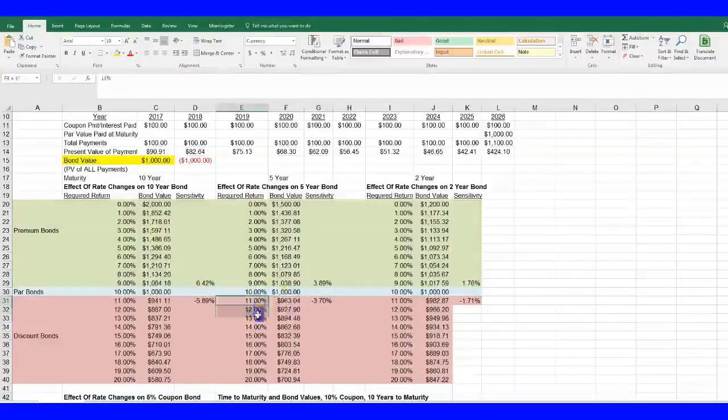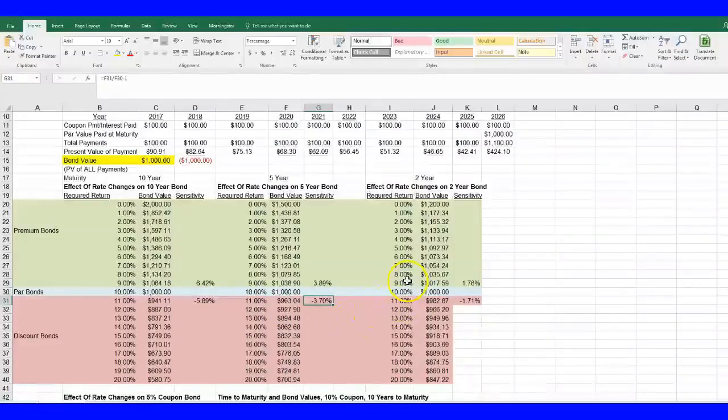Likewise, as required rates of return exceed the coupon interest rate, we see the value of the bond fall, the same thing we saw with the 10-year bond. However, that same 1% increase in required return that caused a 5.89% decrease in the value of the 10-year bond only decreases the value of the 5-year bond by 3.7%.